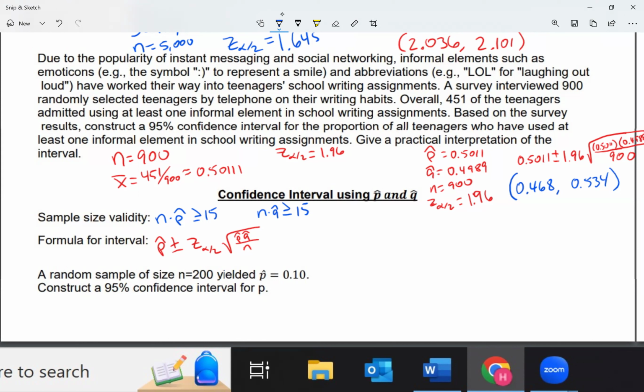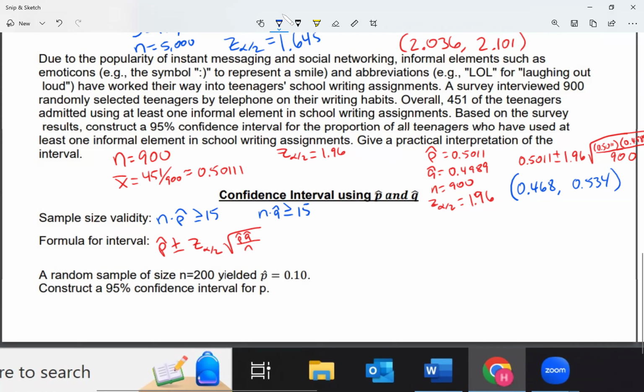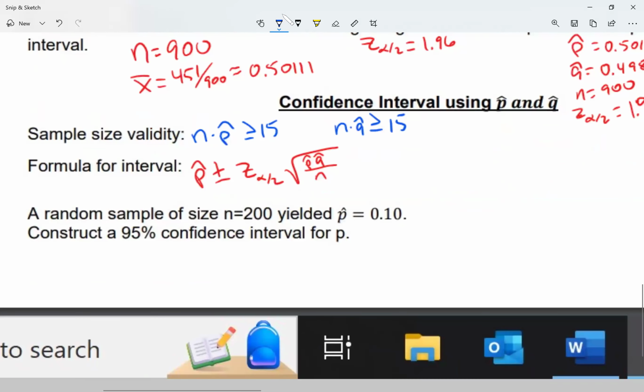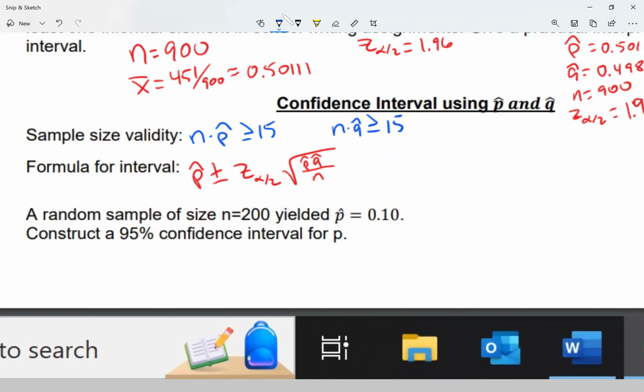Now, our last example for today says: a random sample of size 200 yields p hat of 0.10. Construct a 95% confidence interval for p. Let me check if I can use the formula that I just gave you.